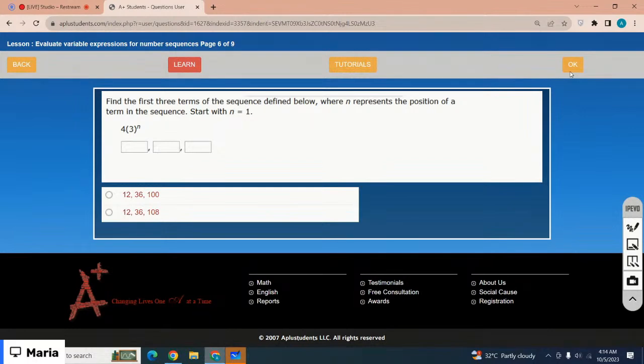The correct option is option number 2, right?